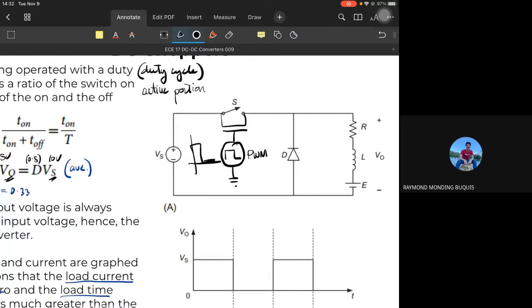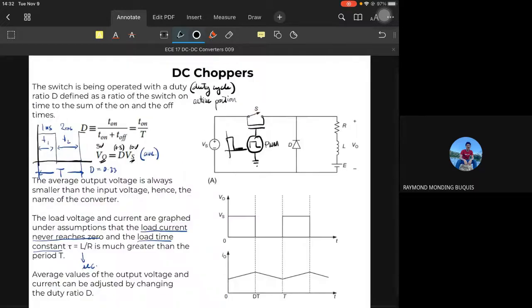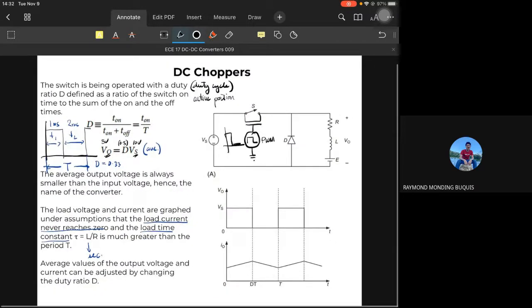Technically, there's not much to design in a DC chopper or even in a buck or boost converter because the circuits are already defined.